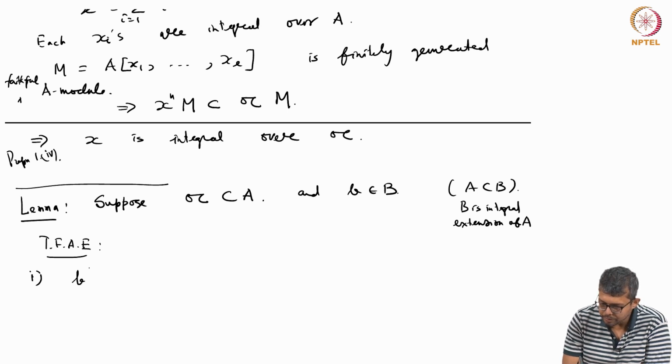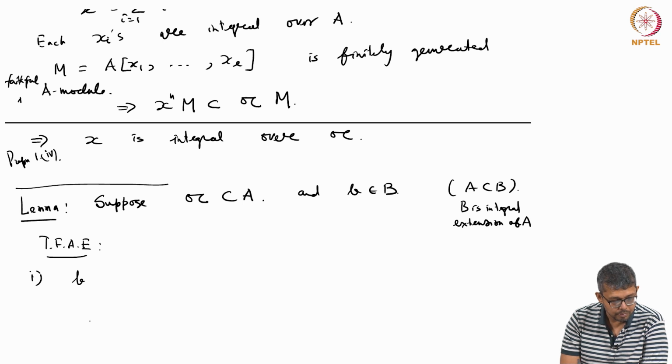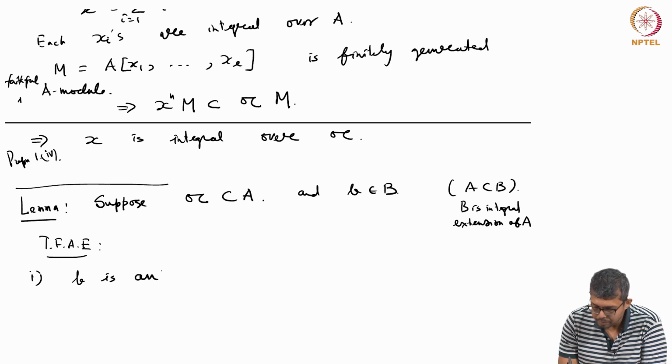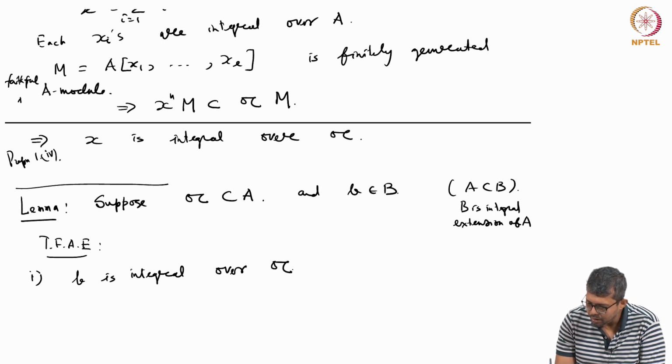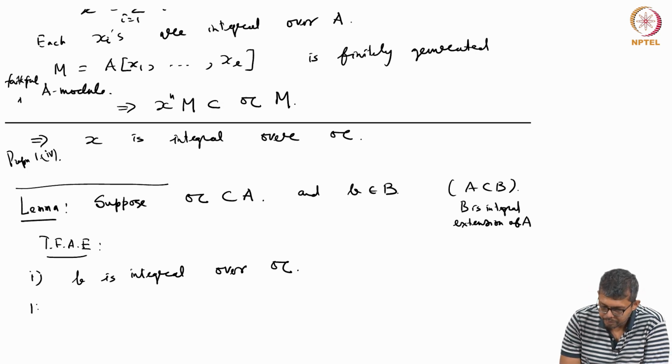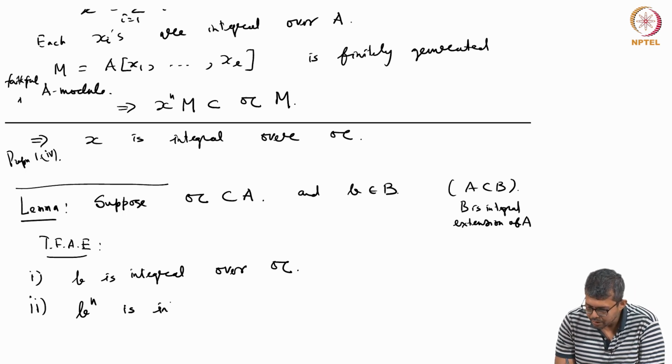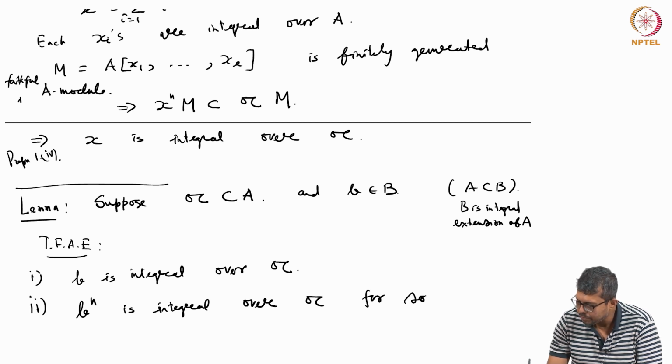First, b is integral over the ideal A. Second, b to the power n is integral over A for some n greater than or equal to 1.